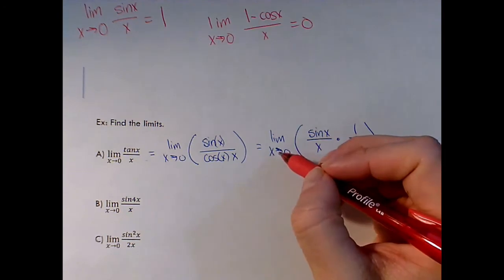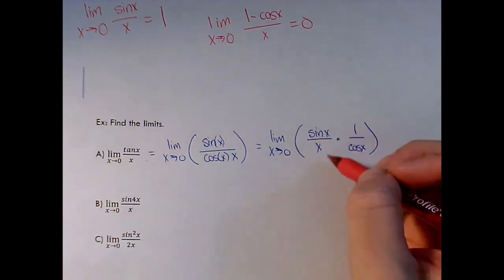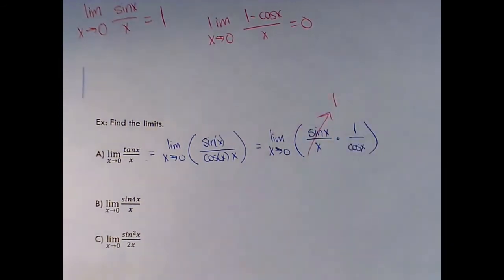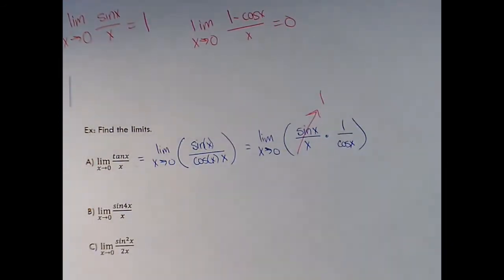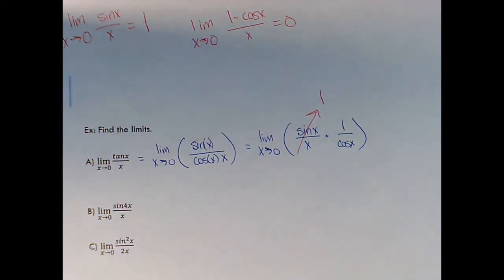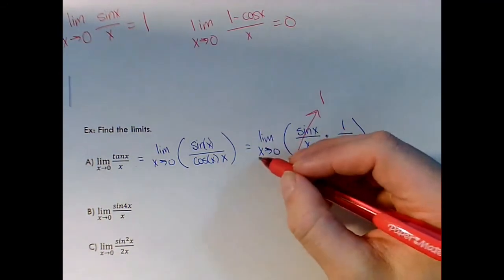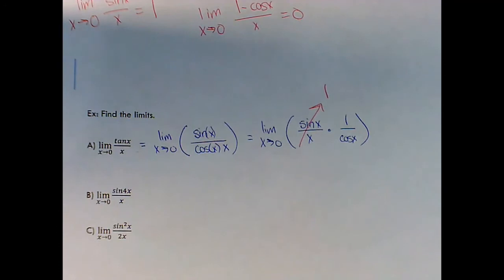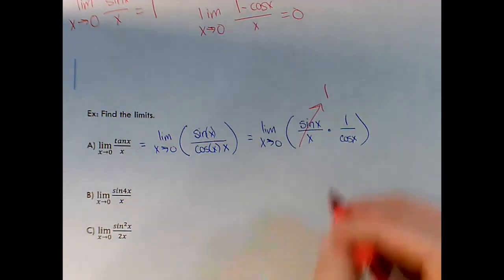The limit as x approaches 0 of sine x over x, according to that guy right there, is 1. So you become 1. Okay? The limit as x approaches 0 of 1 over cos x is 1 over cos 0, and cos 0 is 1.